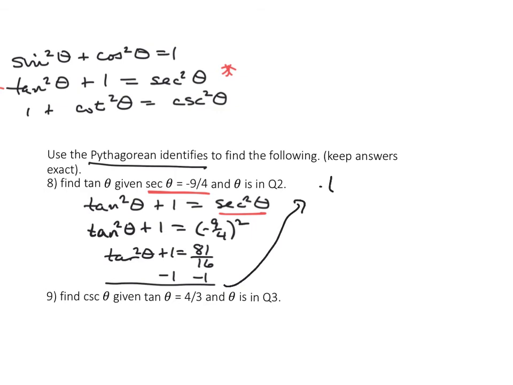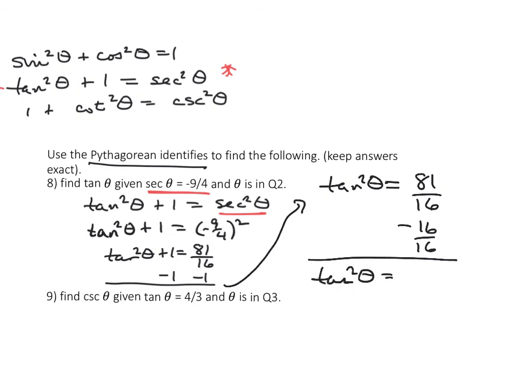Now I have tan squared theta equals 81 over 16, and I'm going to change the whole number 1 and make it 16 over 16. So now tan squared theta is equal to 65 over 16.